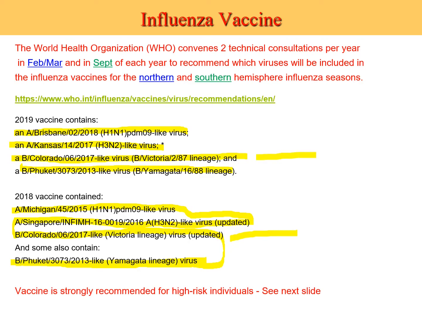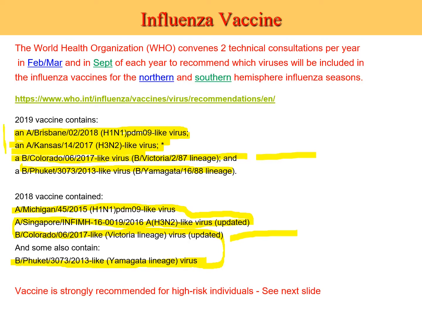But the type A's have completely changed because when it was decided in February and March of 2019 which strains would be used to develop the vaccine for fall 2019 for the Northern Hemisphere, these 2 were the ones that were going around most commonly in the Southern Hemisphere in the previous season.